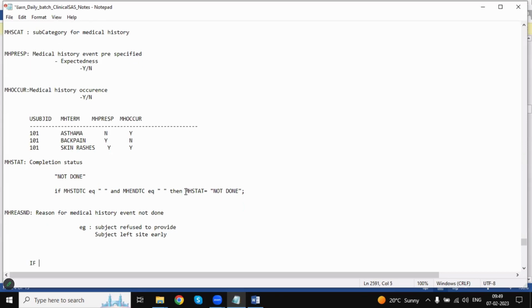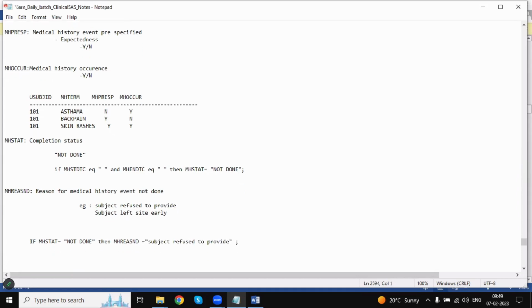If your MHSTAT is not done, then mention the reason for not done. I'm just giving an example. In the raw data, whichever variable is available for reason for not done, that variable you have to assign programmatically. Okay, clear? So always these two variables will come together: completion status, where the details are not collected, status is not done, and if not done, you have to write a reason.